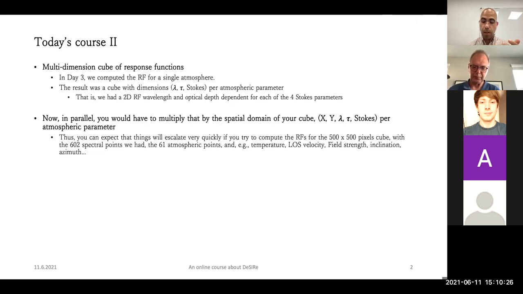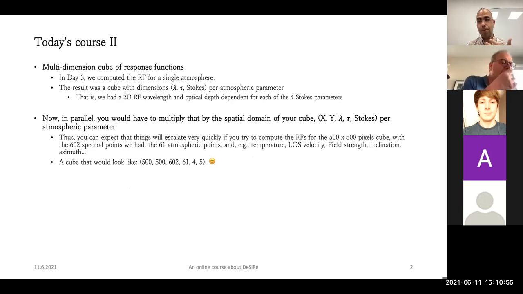It would mean a cube of 500 times 500 pixels, times the wavelength, that at that time was 600 pixels, times optical depth, that is 61, times the 4 Stokes parameters. And if you are interested in temperature, line of sight velocity, field strength, inclination, and azimuth, it will be times 5. So you can already get a feeling that this will be really difficult to handle.